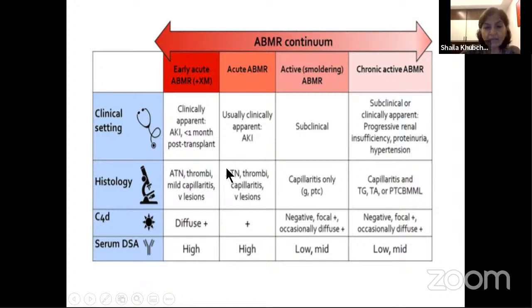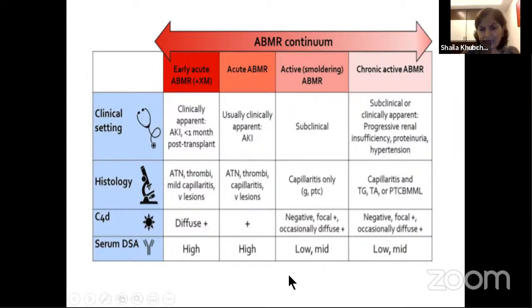You have either changes of tubular injury, or even greater lesions of thrombi, neutrophils around the vessels, and vascular lesions. C4D is always positive, diffuse, and DSAs are high. So in a case where C4D is negative, even if you have these three, clinical, histology, and the serum levels of DSA, a specific diagnosis can be made.